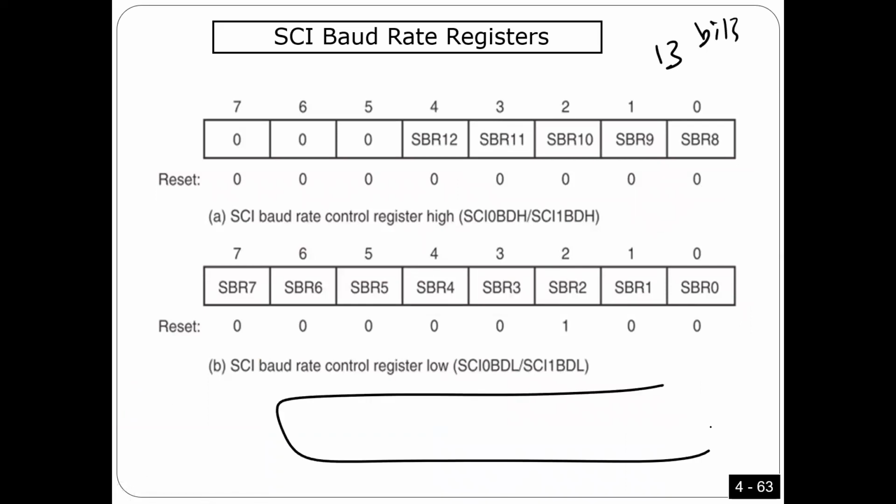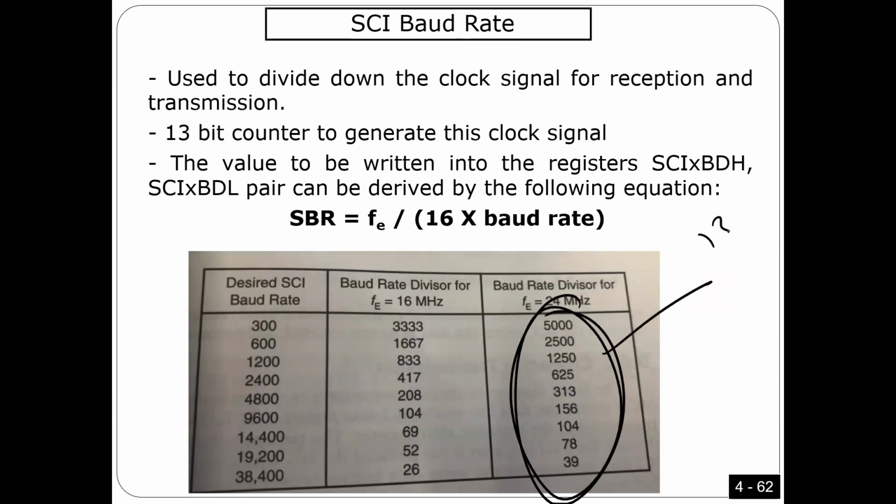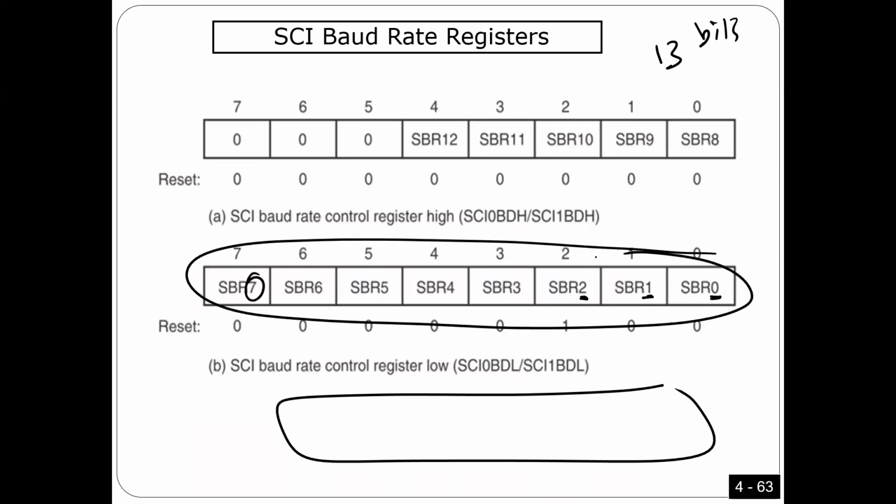We have a 13-bit number. These 13 bits are in two registers, right? If you look at the biggest value, we need 13 bits. These 13 bits are in two registers, as you see here, guys. This is bit number 0, bit 1, bit 2, until 7. So these 8 are in one register.